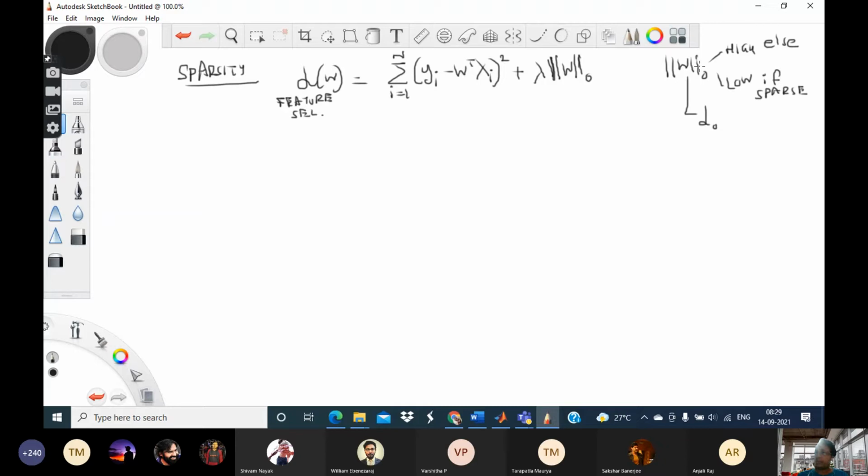The L0 norm of W is equal to the number of non-zero elements. That's all I have said. I am not saying anything about the magnitude of W. It can happen that many elements are 0, but there are some elements which take very high values. I am not making any comment about that. I am just saying that I want such a W where most of the elements should be 0, without any specification about the overall magnitude of W or anything else.